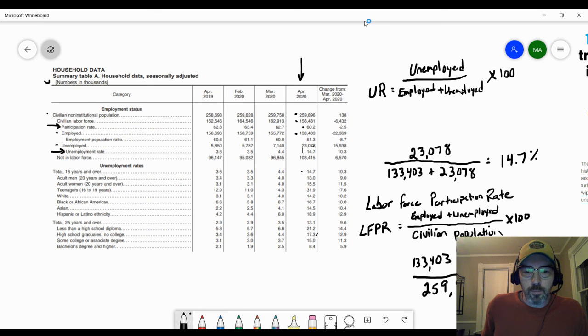So if you look at the unemployment rates, interestingly, Asian unemployment was the lowest a year ago. And out of these four categories, not the lowest any longer. Now, white unemployment is the lowest out of these four. Black unemployment was the highest a year ago, but now it is Hispanic Latino unemployment.